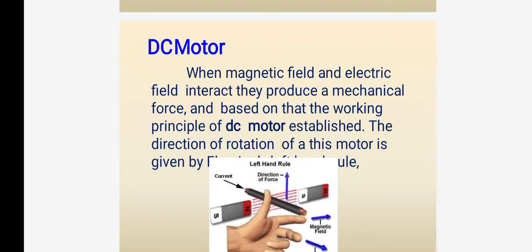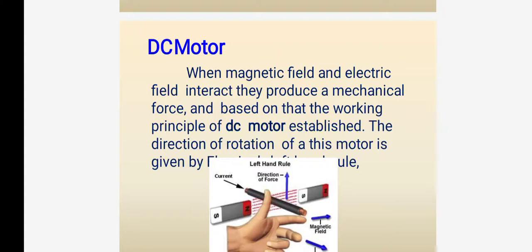So when the magnetic field and electric current interact, they produce a mechanical force, and based on this the working principle of the DC motor is established. The direction of rotation of this motor is given by Fleming's left hand rule. In a generator it is Fleming's right hand rule, and in a motor it is Fleming's left hand rule.